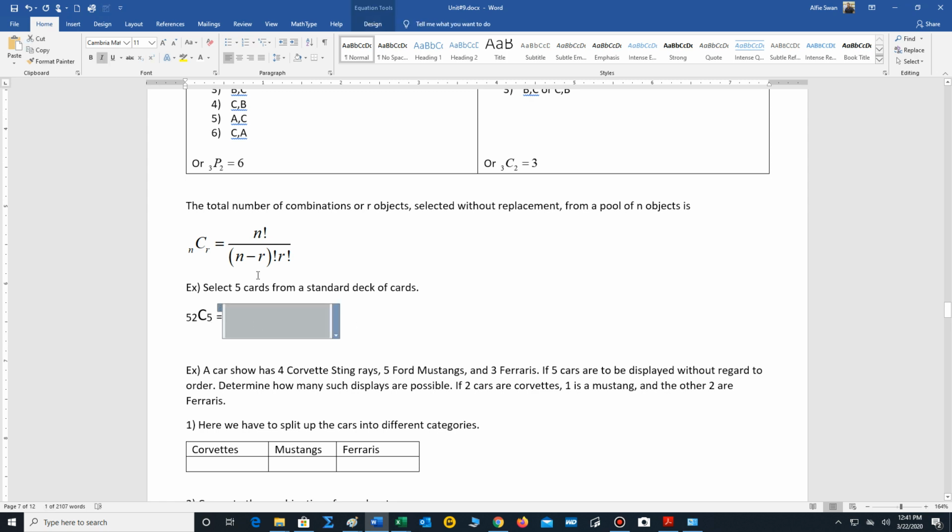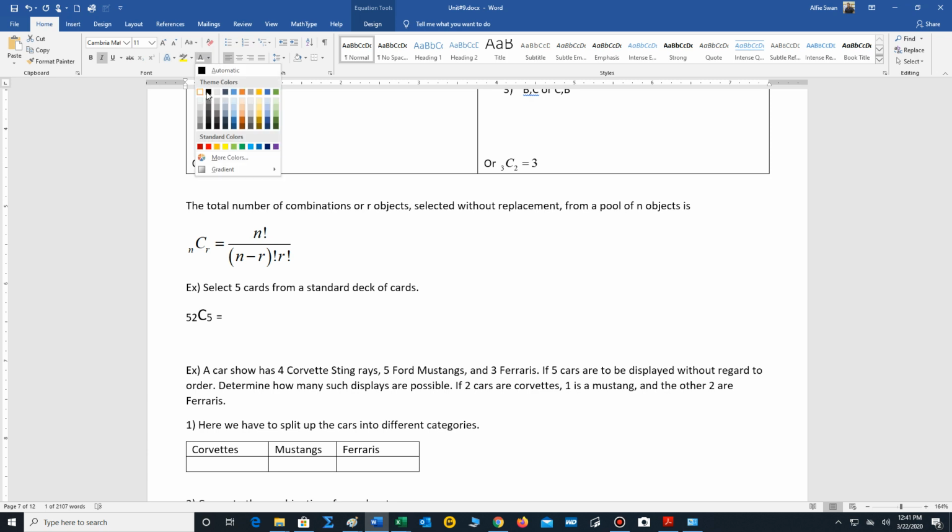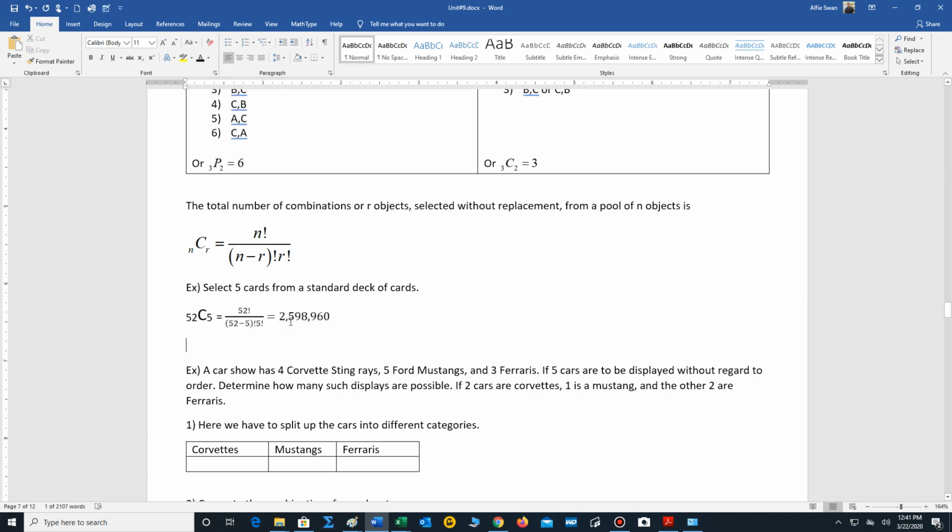So to perform our calculations, we plug in for n: 52 factorial divided by (52 minus 5) factorial times 5 factorial. And if we do these calculations correctly, we end up with the final answer of 2,598,960. So that is the total number of combinations when we select 5 cards from 52.